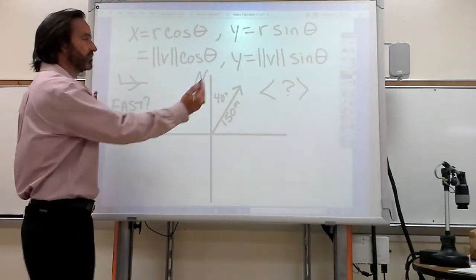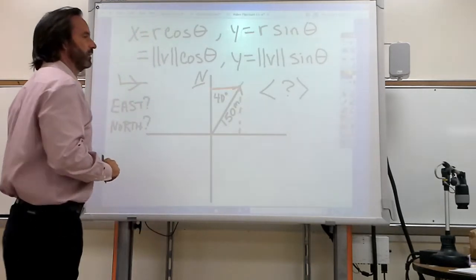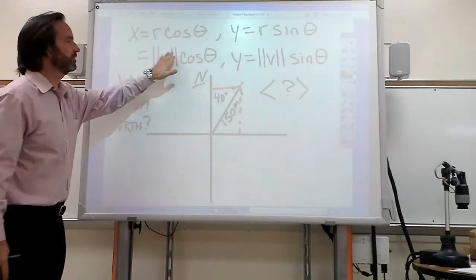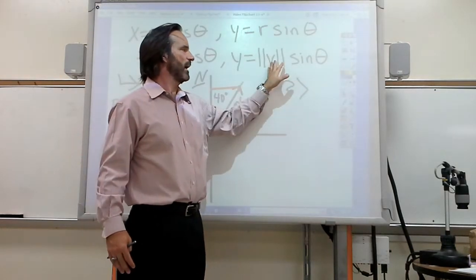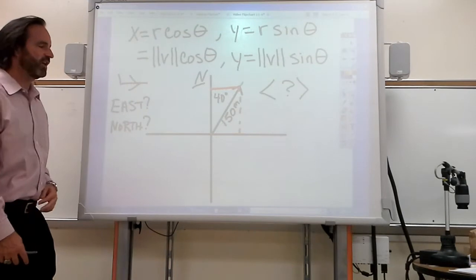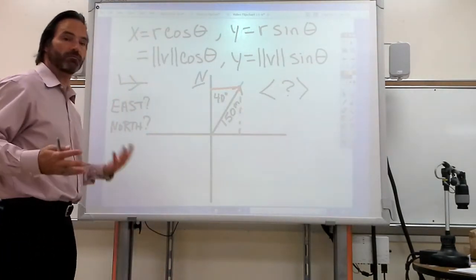And again, what's your component? Draw your triangle. My vector in component form. Again, magnitude r cosine theta. Okay? Magnitude r sine theta. Okay? That could give me my easterly component and northerly component in this case.